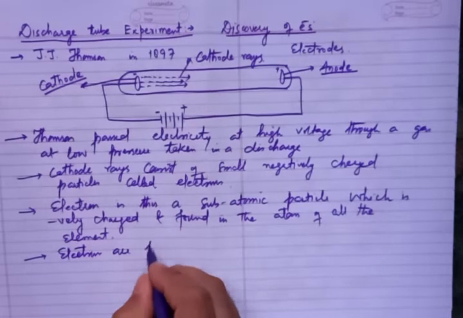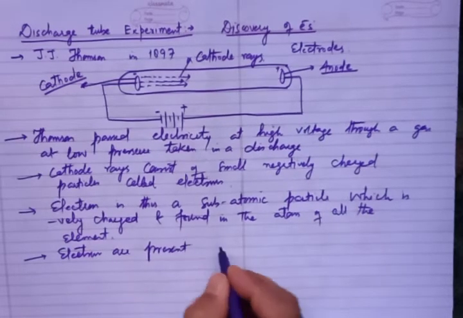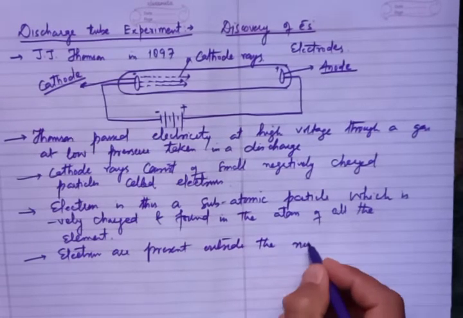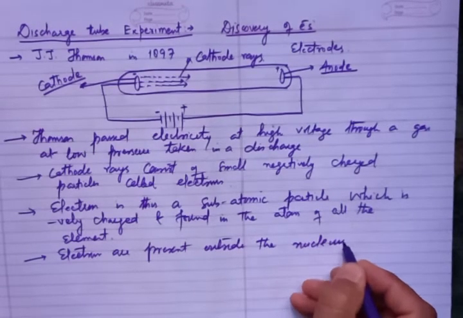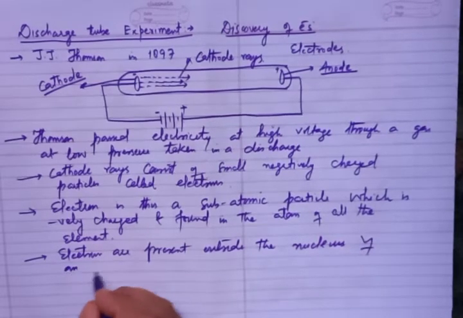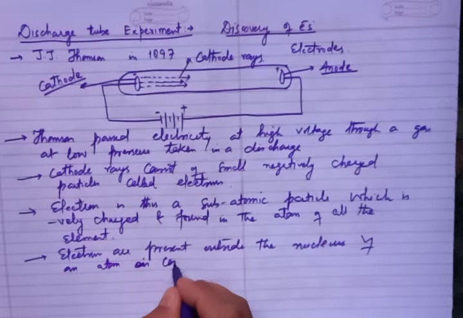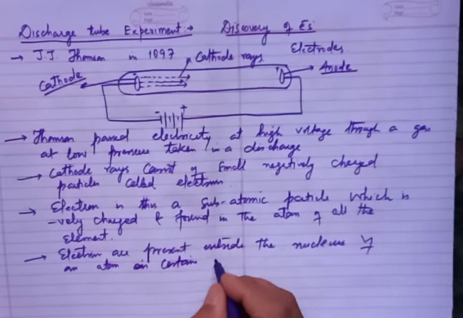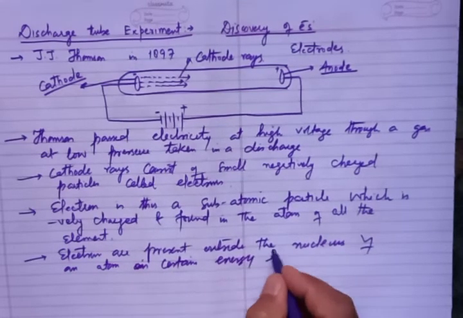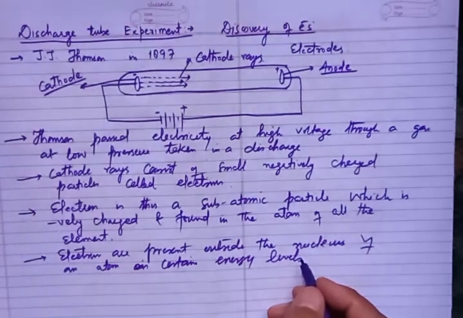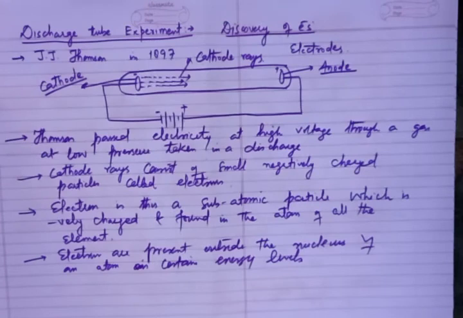इलेक्ट्रॉन्स आर प्रेजेंट outside the nucleus of an atom in certain energy levels, जिनको शेल्स भी आप कहते हैं. क्योंकि ये जो इलेक्ट्रॉन्स हैं इनका मास बहुत कम है, नेग्लिजिबल मास.